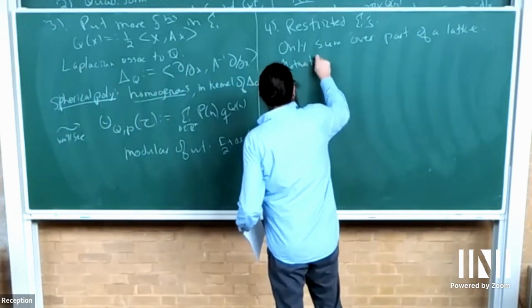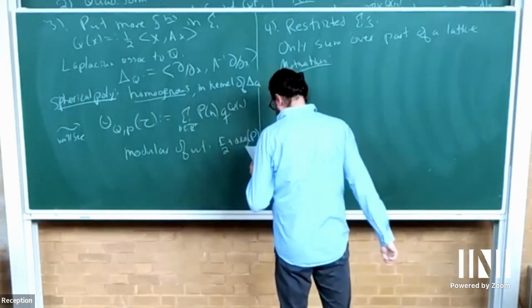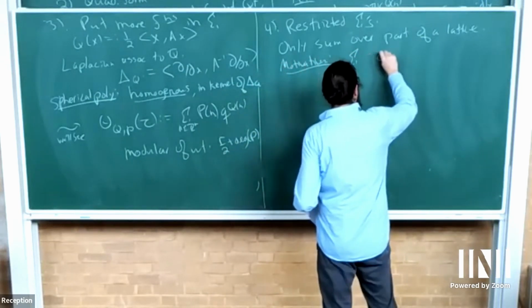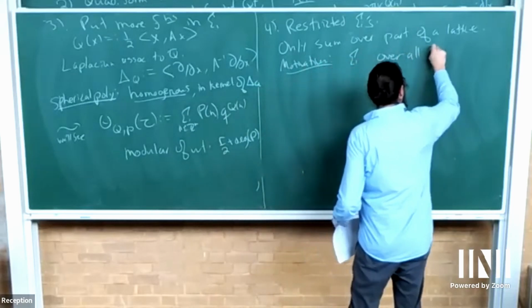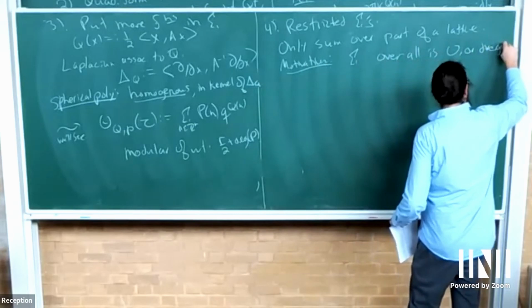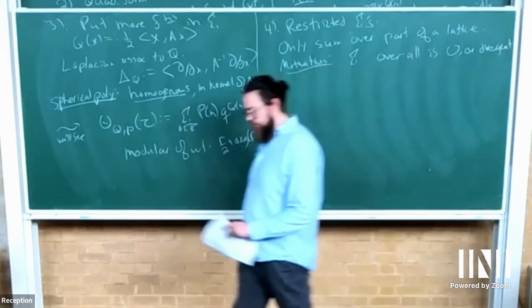So motivation, there's maybe two main examples that come to mind for me. If you take the sum over all of a lattice, it's either 0, when you get something totally boring, or it's divergent.